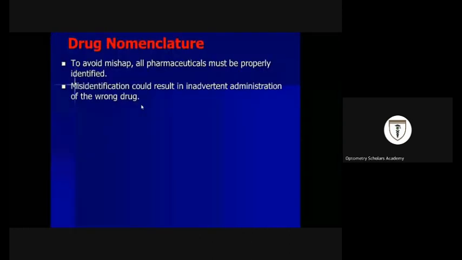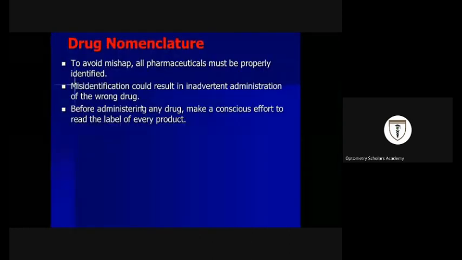So now talking about drug nomenclature. To avoid mishap, all pharmaceuticals must be properly identified. All drugs must be properly identified. To identify all drugs, you need the name, the contents, the active ingredients of that drug, because misidentification of this drug could result in inadvertent administration of the wrong drug.